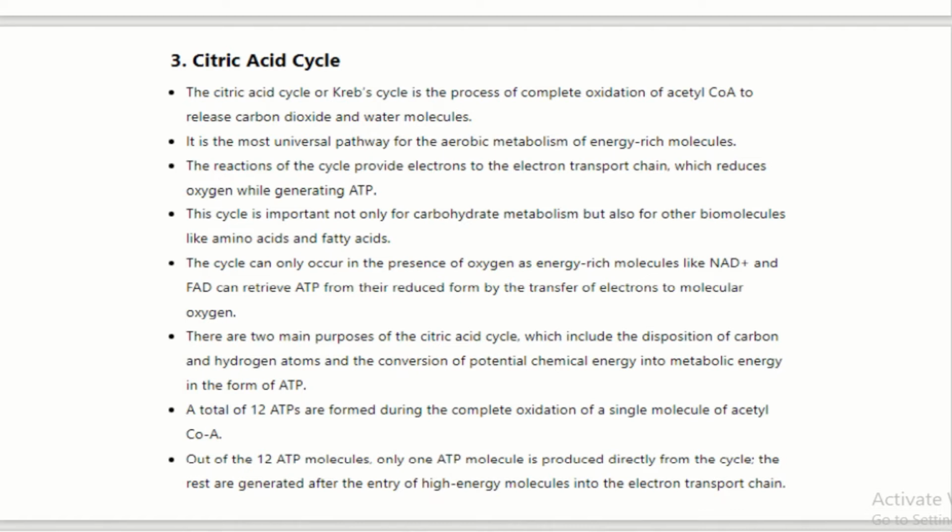A total of 12 ATPs are formed during the complete oxidation of a single molecule of acetyl coenzyme A. Out of 12 ATP molecules, only one ATP molecule is produced directly from the cycle. The rest are generated after the entry of high energy molecules into the electron transport chain.